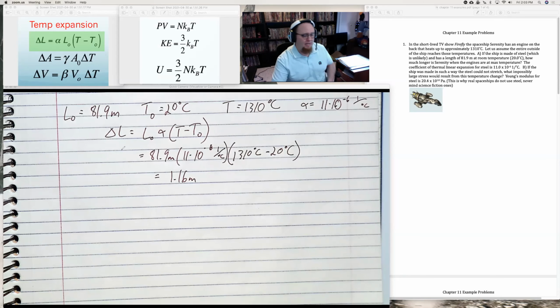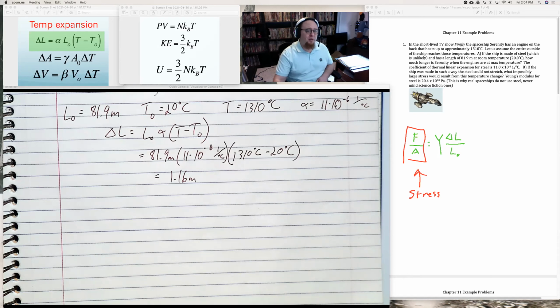In chapter 9, I introduced the equation that said F over A equals Y delta L over L naught. What this said is that the stress you put on something is Young's modulus times strain. In this equation, this F over A is stress.